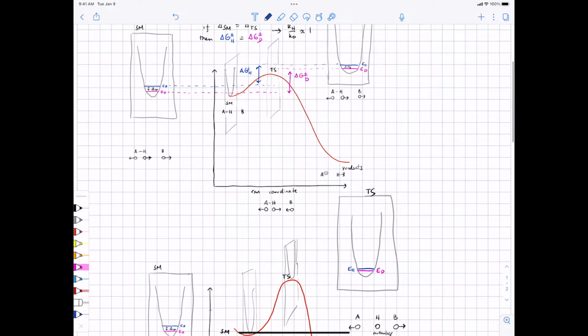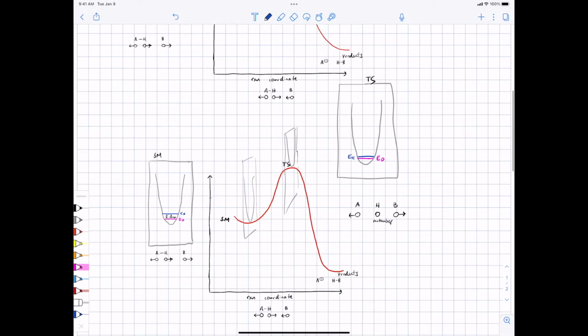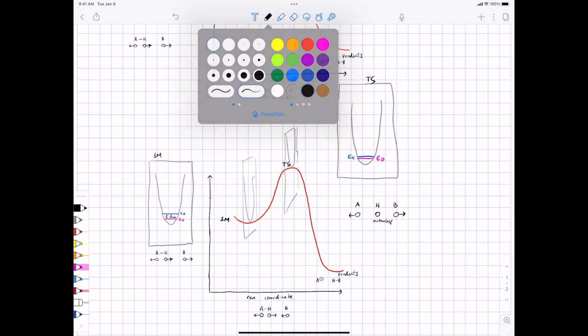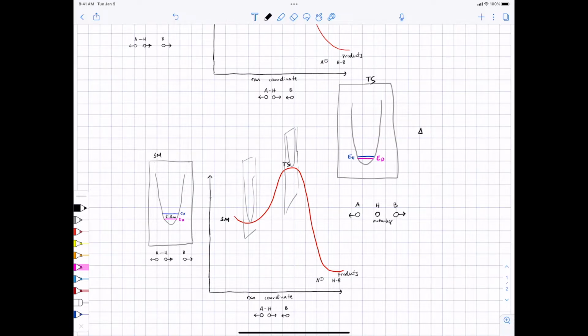So we're in a situation where this energy difference between the two vibrational 0-point energies for the transition state is very small.